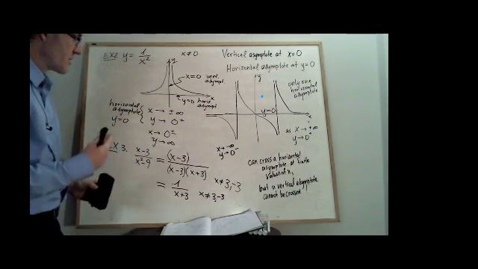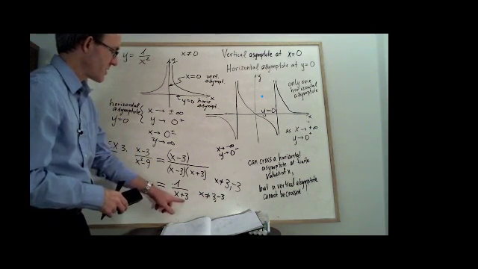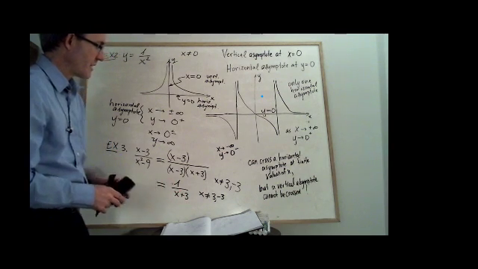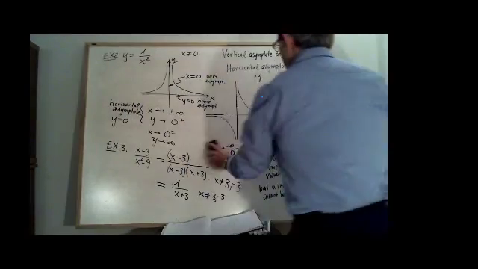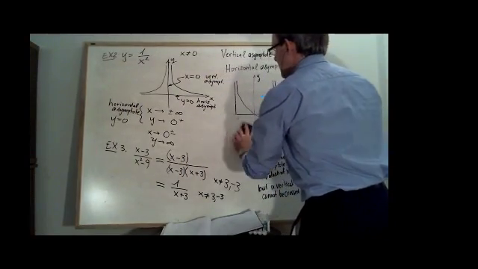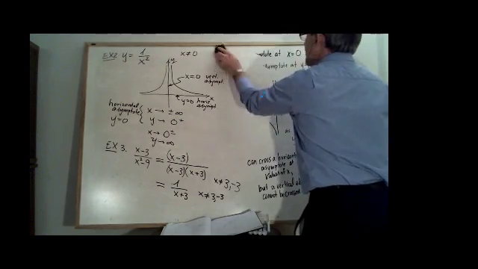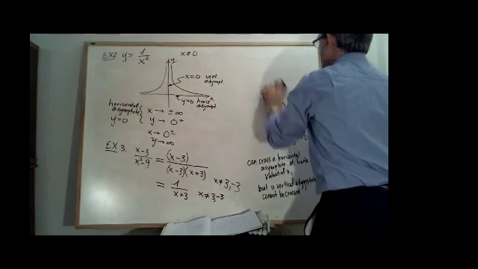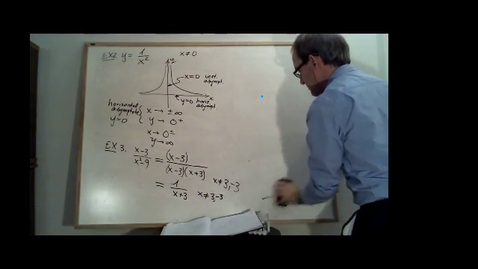Such a number looks like an artificial restriction here, but it has a name. It's called a removable discontinuity. So whenever you have a cancellation of factors like this, there's the possibility that you have this removable discontinuity.